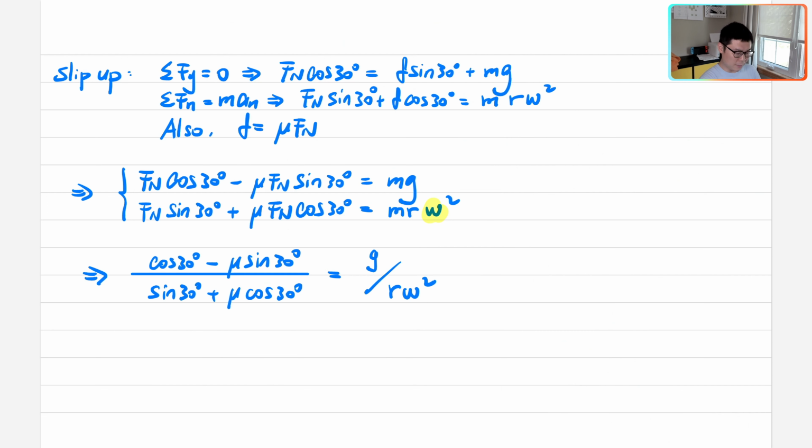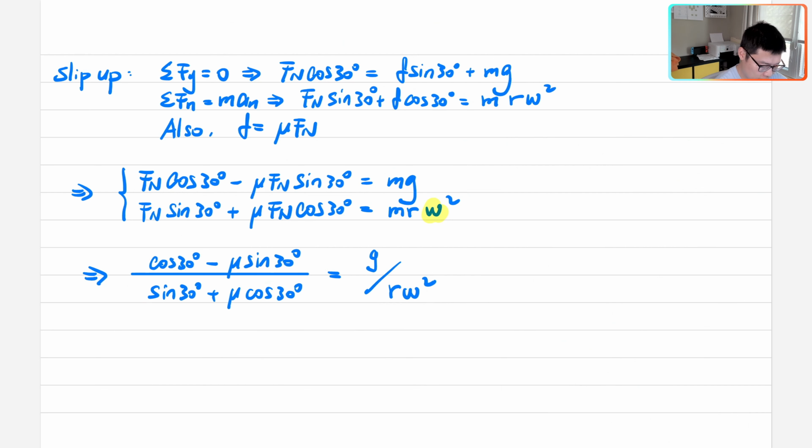This is simply by making a huge fraction on the left hand side and right hand side. On the left hand side, all these are gone. On the right hand side, m is cancelled out. This is your expression here. So you can find out your omega is only related to the angle, the friction coefficient, and the radius.